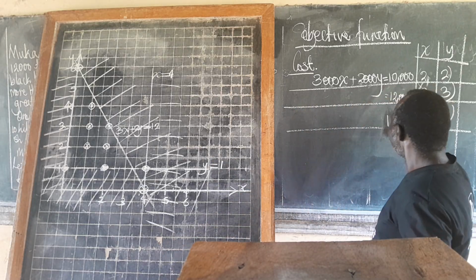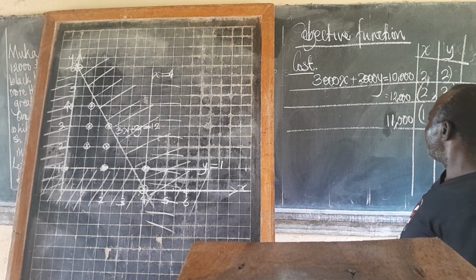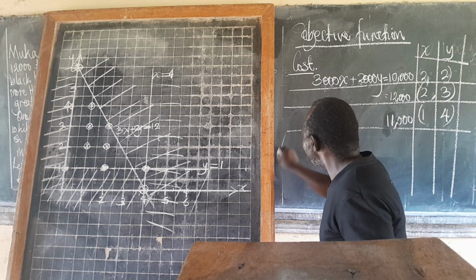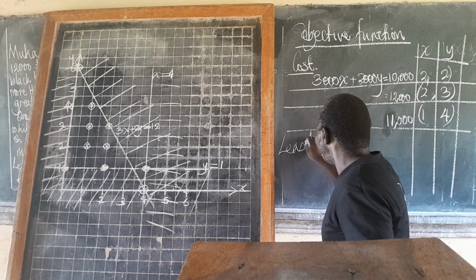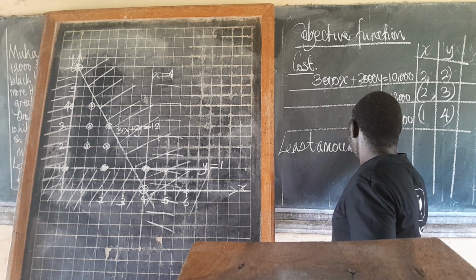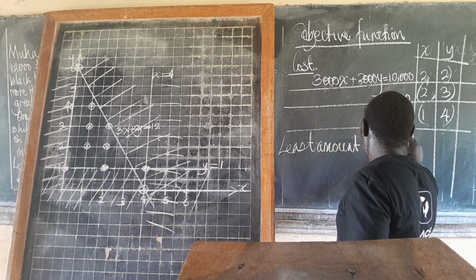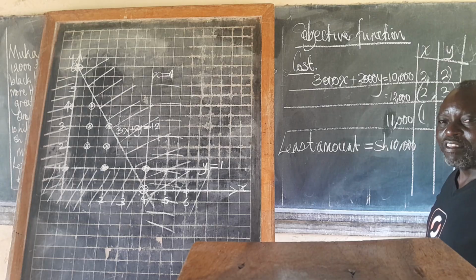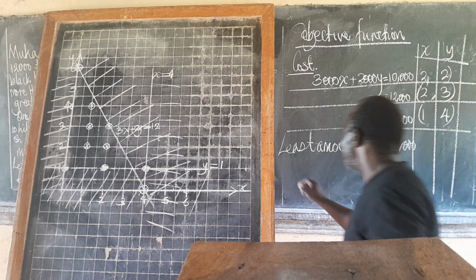Now from here, which one is the least amount? The least amount is 10,000. Therefore, least amount used equals 10,000 shillings. And then what about the maximum amount?